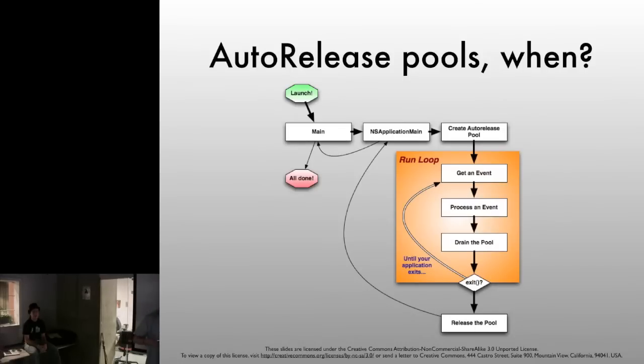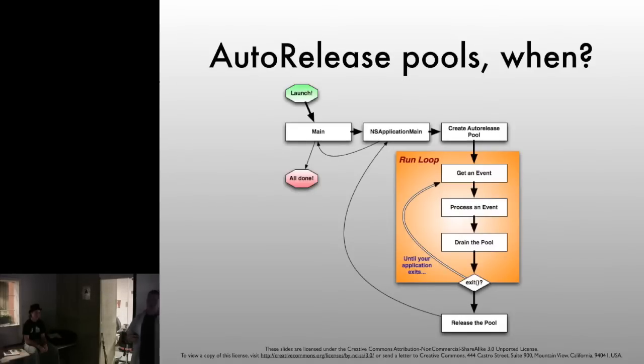So you enter into this run loop where you grab the event, you process it somehow, like you've pressed a button by pressing this portion of the screen, which is within these coordinates, which is a button that you've laid down in Interface Builder. We'll talk more about this in detail when we talk about views and things later on. But as an event is generated, you process it, then the pool is drained.